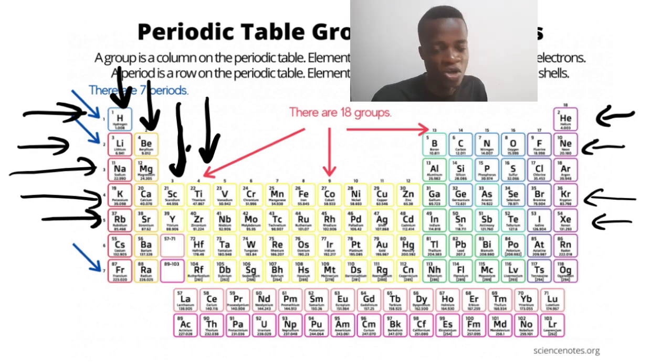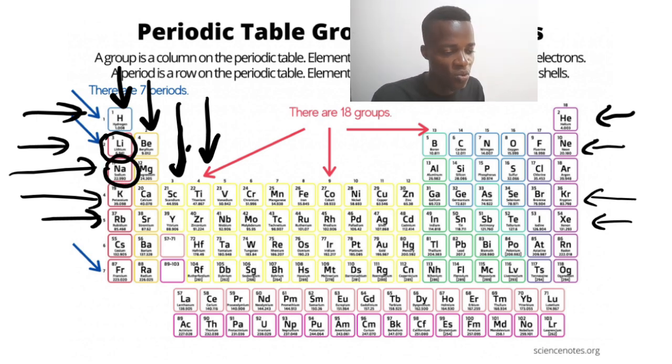Every vertical component we call a group, and all the horizontal ones we call a period, right? You can see that hydrogen is positioned in group 1, period 1. Lithium is in group 1, period 2, meaning row 2, right?